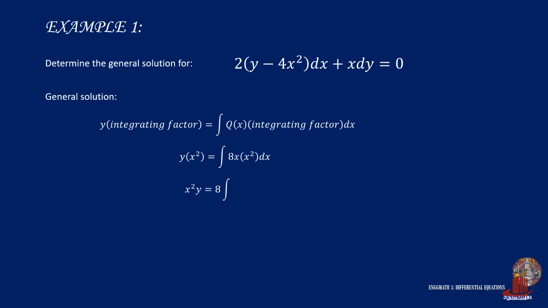Simplify the terms and extract the constant out of the integrand to have x squared y is equal to 8 times the integral of x cubed times dx, and we are ready to integrate. So the integral of x cubed is x to the 4th power all over 4, where 8 and 4 cancel each other. Thus, the general solution is simplified as x squared y is equal to 2x to the fourth power plus c.